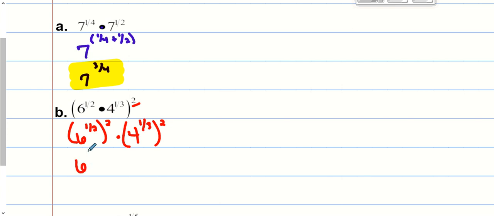So we have 6 to the 1/2 times 2 times 4 to the 1/3 times 2. 1/2 times 2 is just going to give me 1. So I just have 6 to the first power. You don't have to write the 1 up there. 1/3 times 2 is going to give me 2/3. So I have 4 to the 2/3. And there we go.